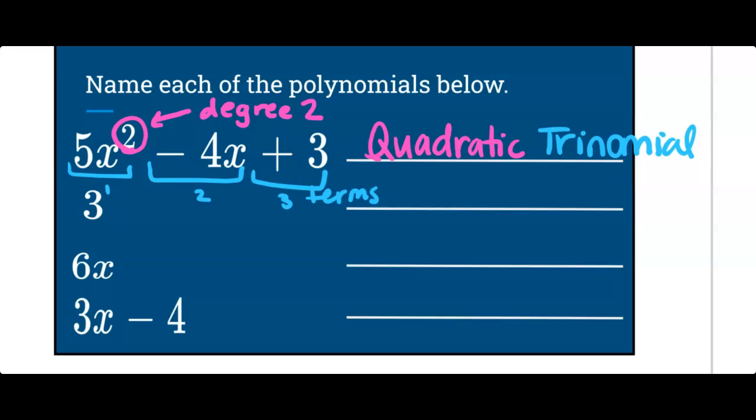When I look at 3, there's no variable. It's just 3. So that means it is constant because it has a degree of 0. There's no x value. And then I have 1 term, which means that it is a monomial.